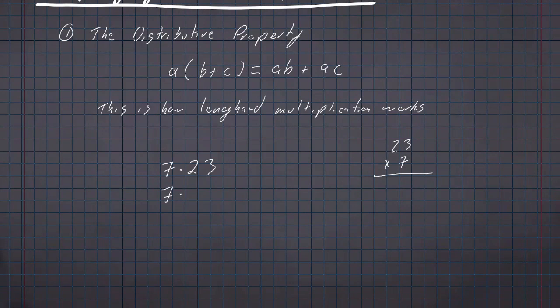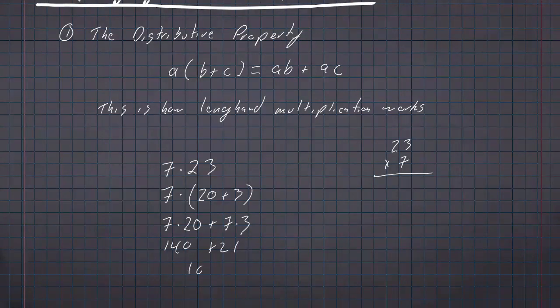And then in a very convoluted way, we can write that as 7 times 20 plus 3, which is important because the distributive property tells us that that's 7 times 20 plus 7 times 3. Seven times 20 is easy to calculate, you get 140. 7 times 3 is easy to calculate, you get 21, and you can add those things together.